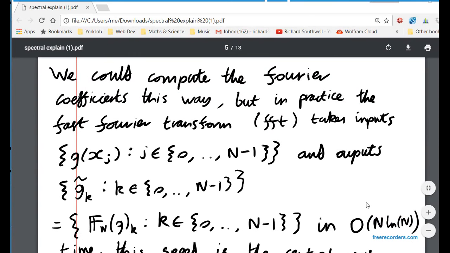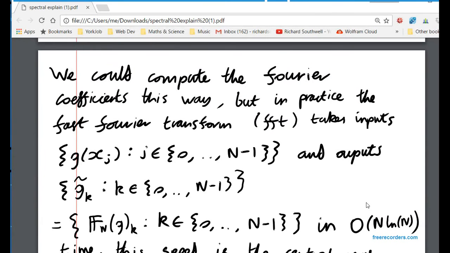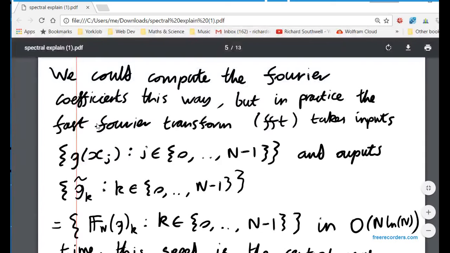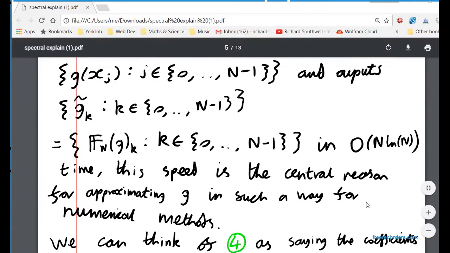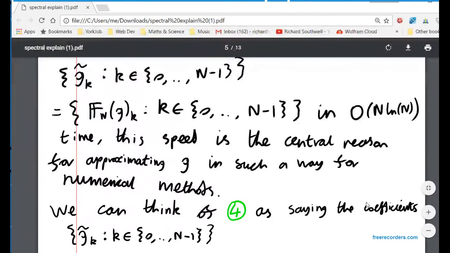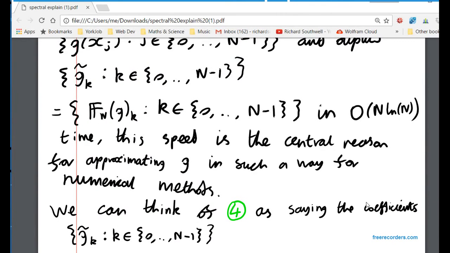So basically we can think of this F_N thing as something which maps the values of g at our grid points and then gives us our coefficients out. And as I say, it does it in n log n time, which is fast.